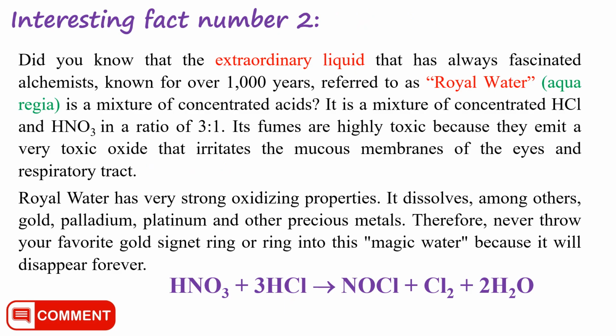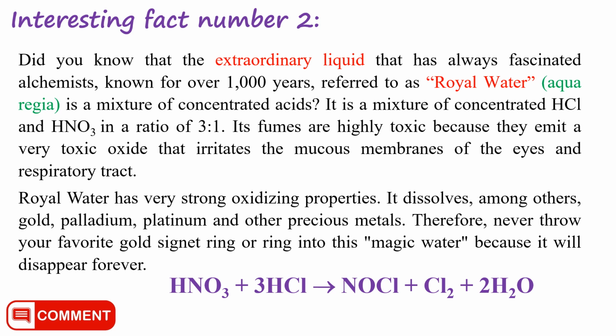Guys, now another interesting fact. Did you know that the extraordinary liquid that has always fascinated alchemists, known for over 1,000 years, referred to as royal water, is a mixture of concentrated acids? It is a mixture of concentrated HCl and HNO3 in a ratio of 3:1.